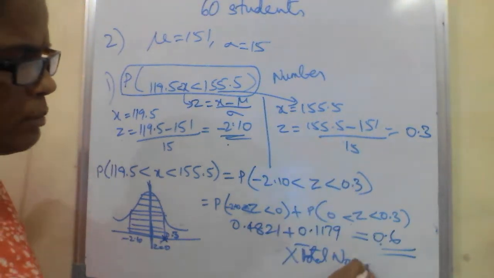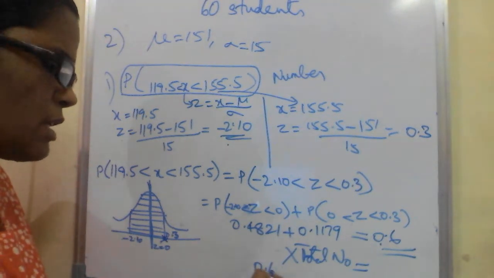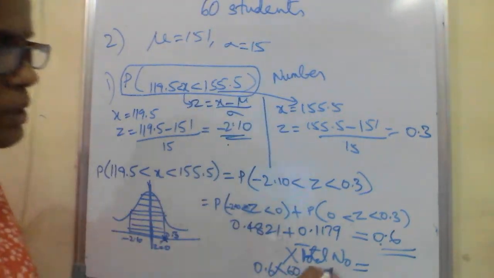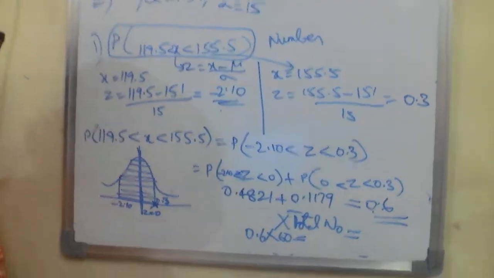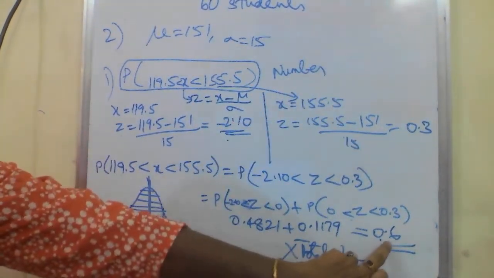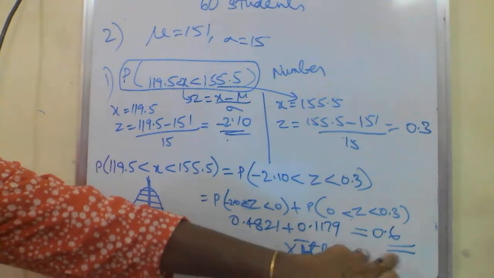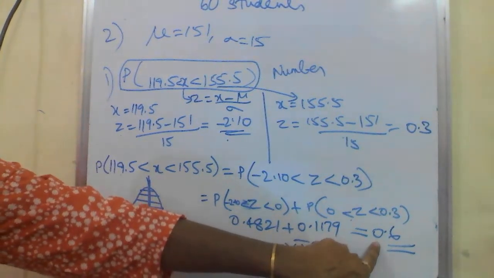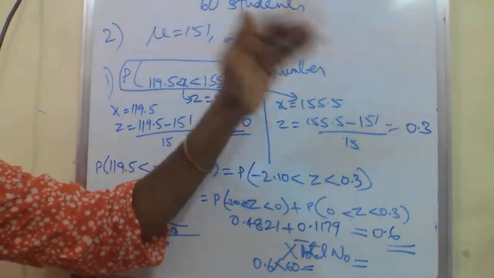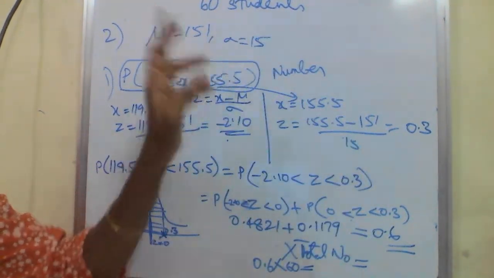So this will be 0.6 into the total students, 60. So this will be the total number. Everything you have to do in the same way. Whatever probability we get here, just multiply by the total number he gives you. Then the probability will be converted in terms of number.